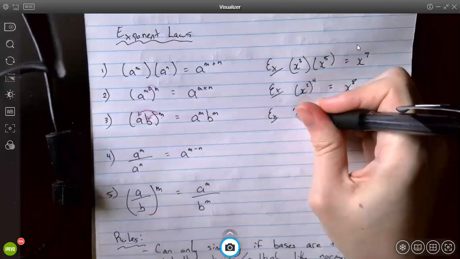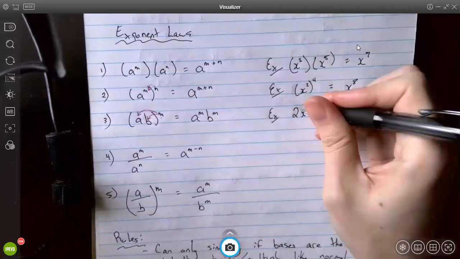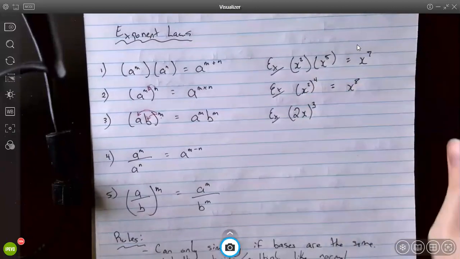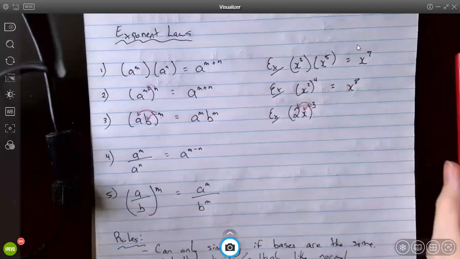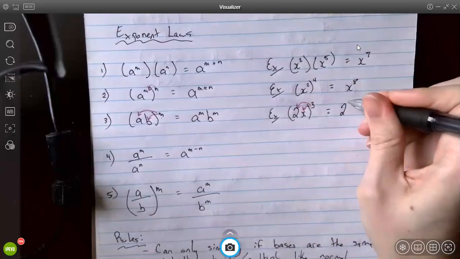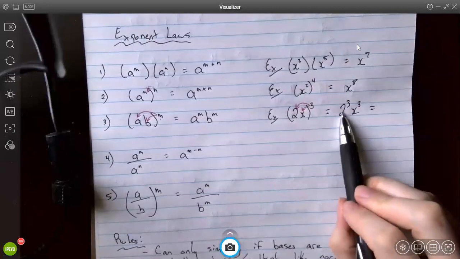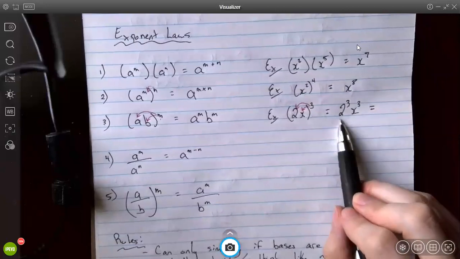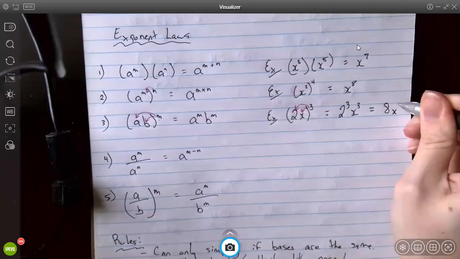So if you had something like 2x, for instance, all to the power of 3, then this 3 would get applied into our bracket to both the 2 and the x, and you'd end up with 2 to the power of 3 times x cubed. And anytime you have a power like this, where the base is a number, you want to actually simplify that. So 2 to the power of 3 is 8, and then we would keep our x cubed.